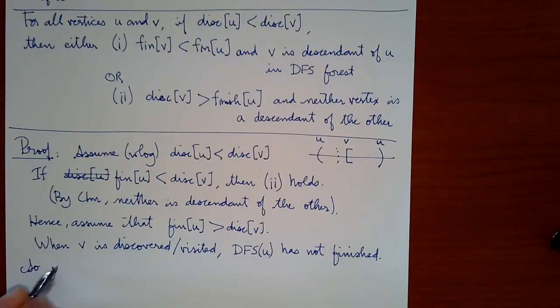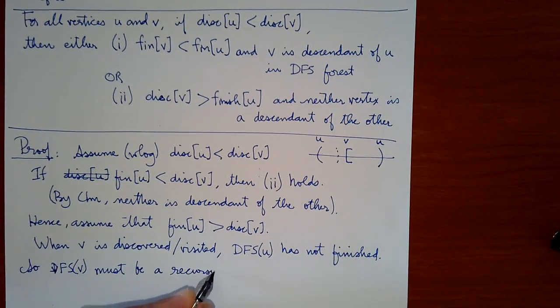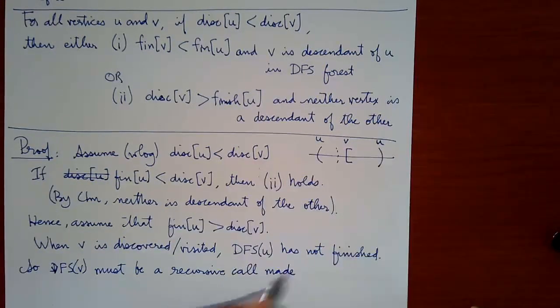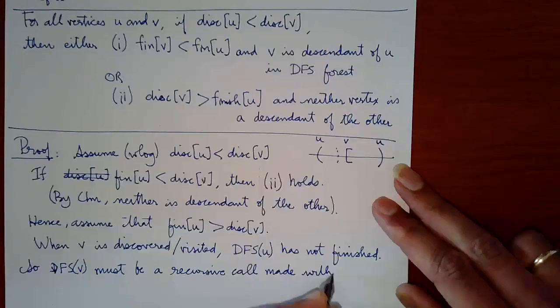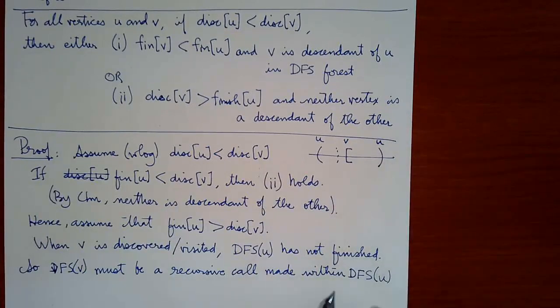So DFS of V must be a recursive call made within DFS of U. By recursive call made within, I mean it might not be made exactly in DFS of U, it might be made in a recursive call of DFS of U. Does that make sense?